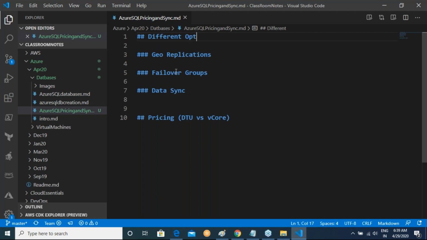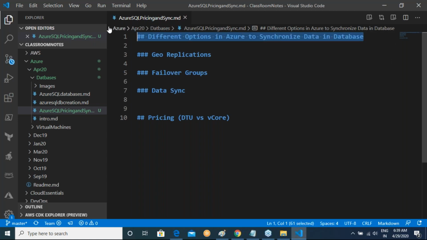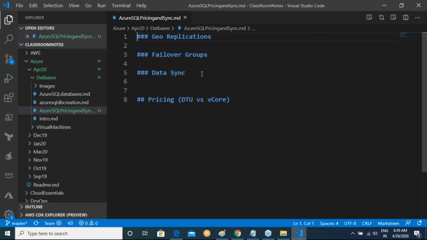The first three options have something to do with SQL data synchronization, and then we will be looking into the pricing.